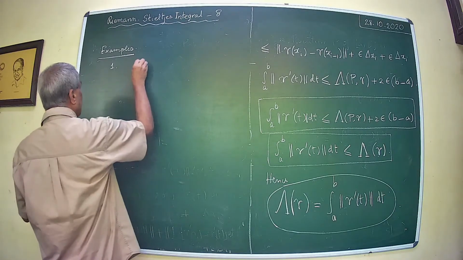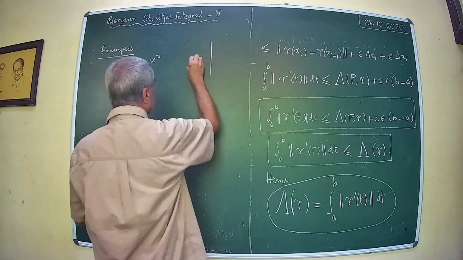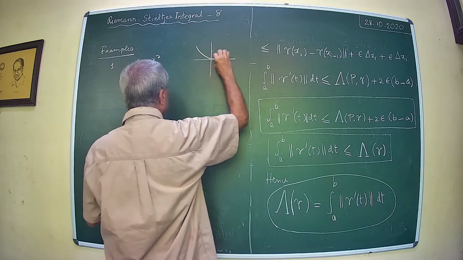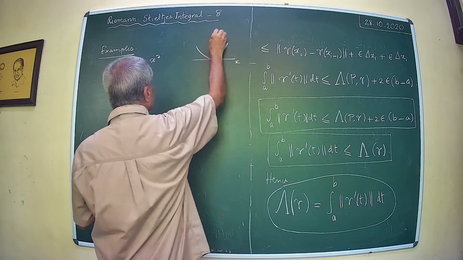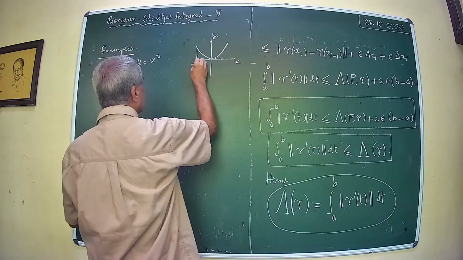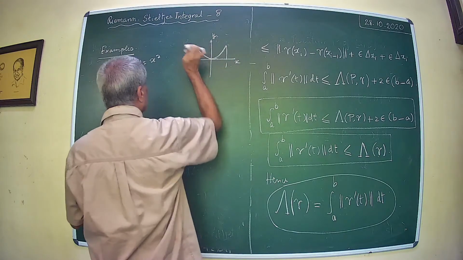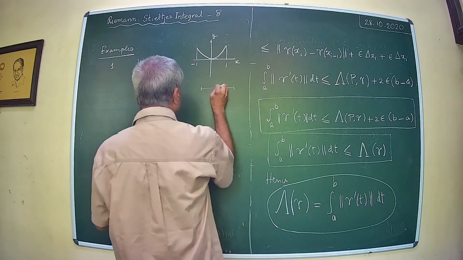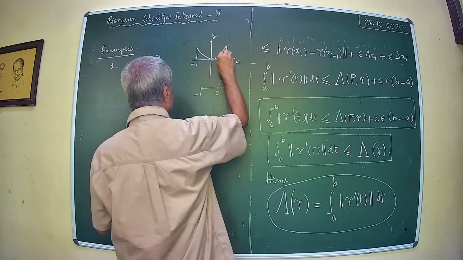You look at a curve y equal to x square in the xy plane. So you can get over the interval minus 1 to plus 1. Okay. So what is this? This is a map from the interval minus 1 to plus 1.